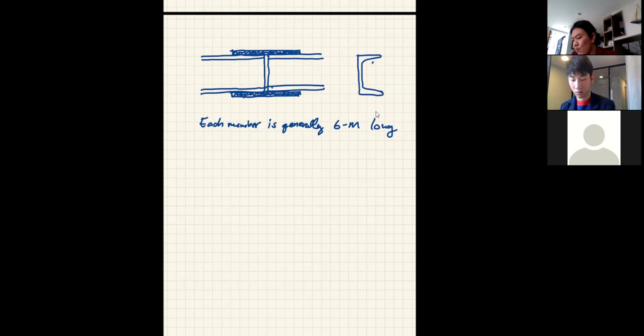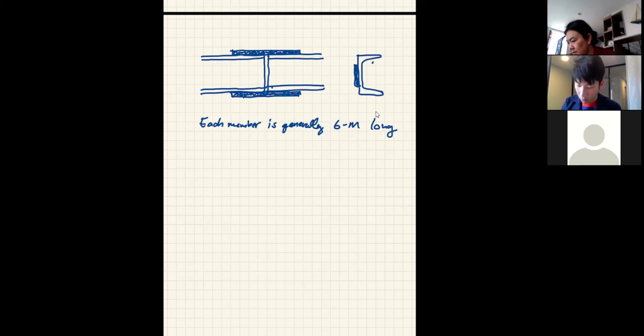So most of the time we will try to splice the channel or to connect the channel through its web like this. So that means both the flanges are left free. So again, this falls into the category that you do not connect all the elements in the cross section.